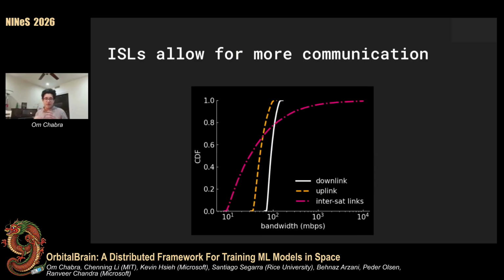Similarly, what you'll see is that intersatellite links have a much higher variance in the bandwidth. The maximum intersatellite link communication is much more than a ground to sat because an intersatellite link has an uninterrupted laser communication, as opposed to having to go from space all the way down to the Earth.